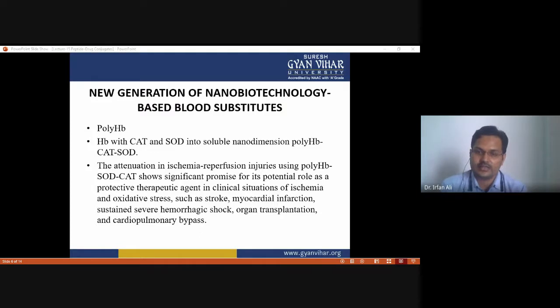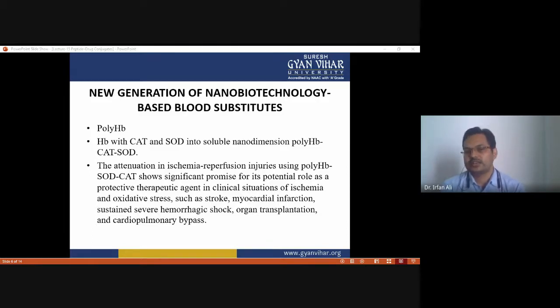So when we compare polyhemoglobin and polyhemoglobin catalase SOD, the polyHb catalase SOD product removes significantly more oxygen radicals and peroxide and stabilizes the cross-linked hemoglobin, resulting in a decrease in oxidation, iron, and heme release. Okay, so it would be more beneficial as compared to the polyhemoglobin.